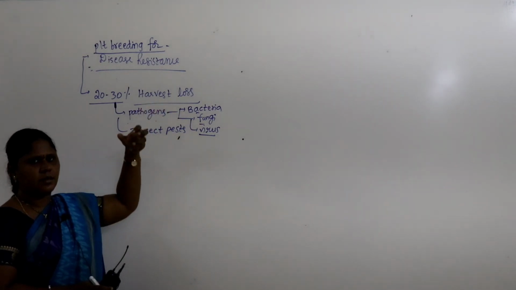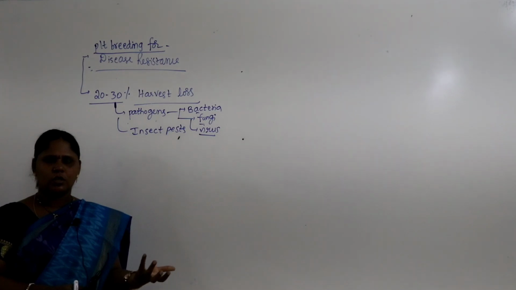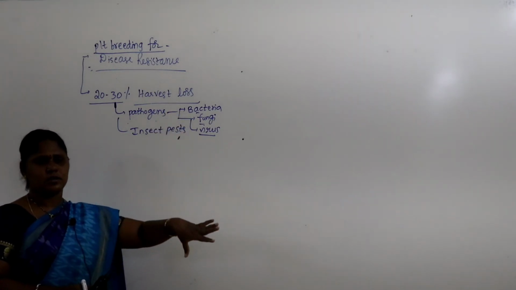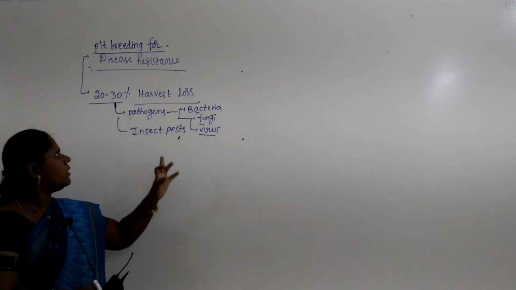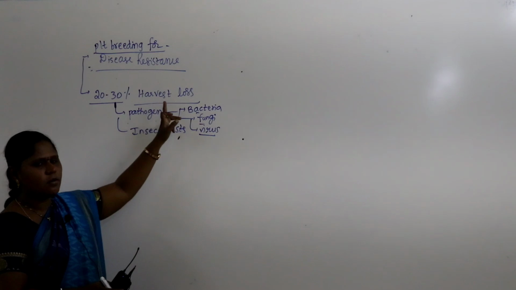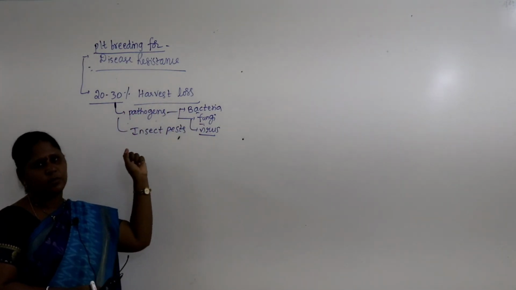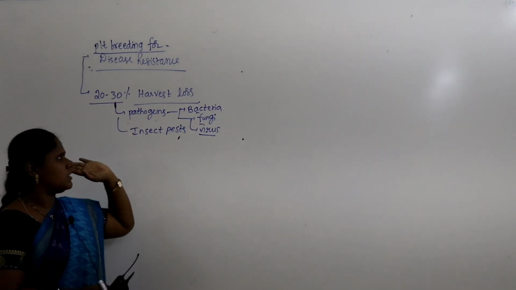As a result, the grains will be damaged: the rice, wheat, bajra, jowar grains will be damaged, so there is a loss in the harvest. Even though we say it's 20 to 30%, it is definitely a great loss for all the farmers.